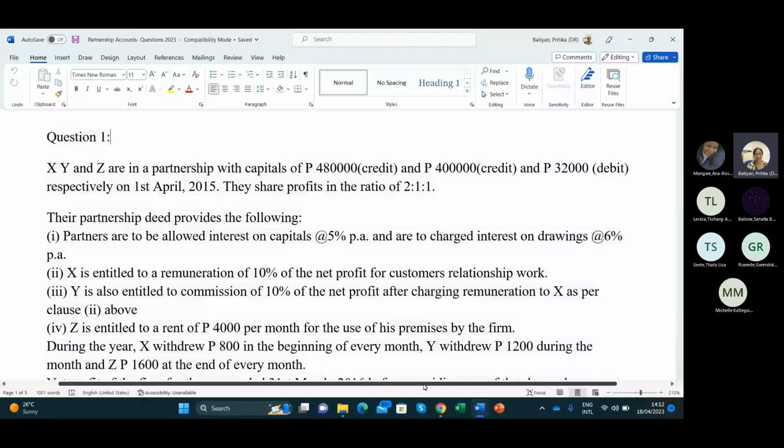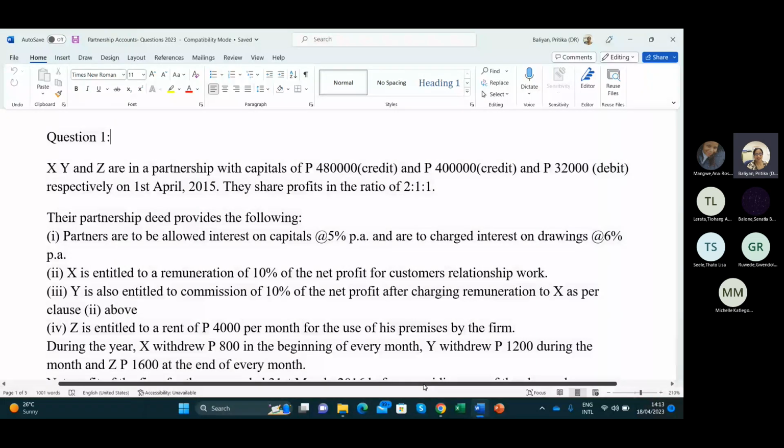X, Y, and Z are in partnership with the capital of 480,000, and for Y 400,000, and for Z is 32,000, but it's deficit. When it's a debit balance, it means it's a deficit balance, respectively on 1st of April 2015.